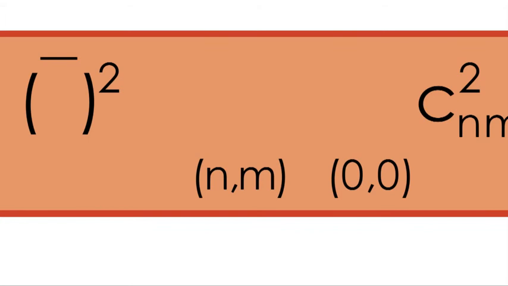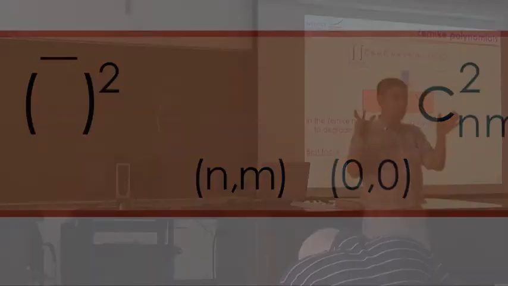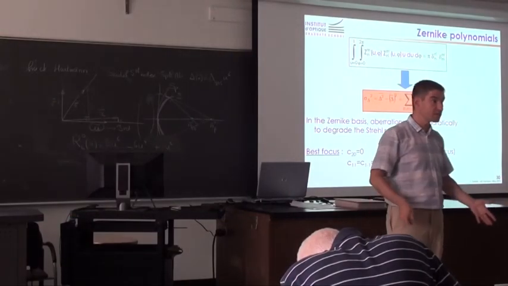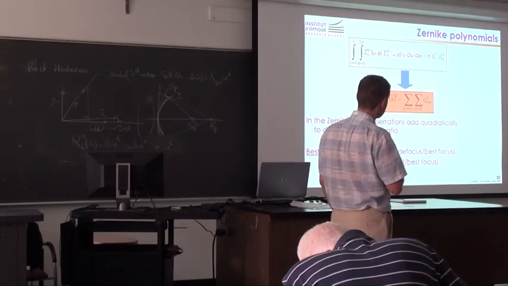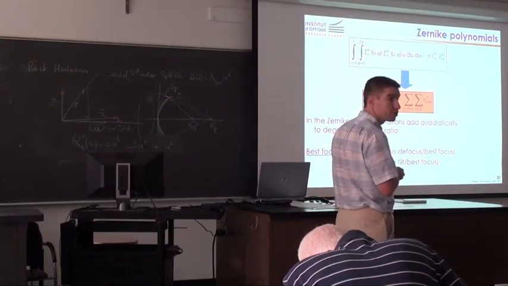Now, making the basis of polynomials orthogonal was very clever, because I didn't say, but of course, the scalar product that I'm using is the natural scalar product of two polynomials over a circular basis. It's the integral over the disk of two polynomials.